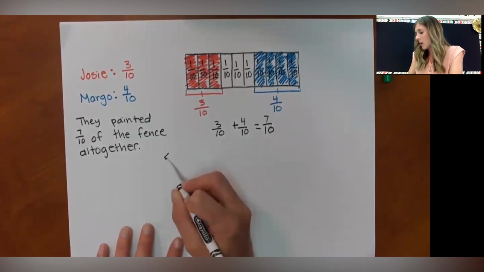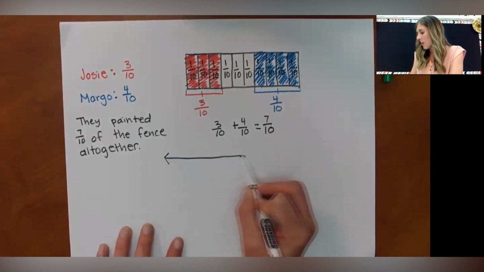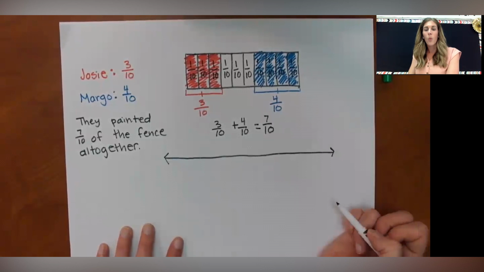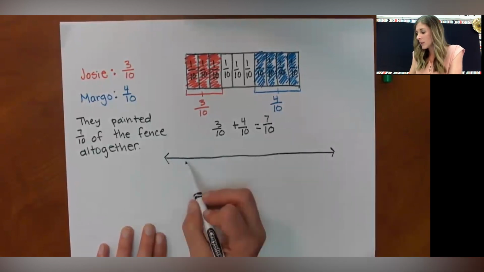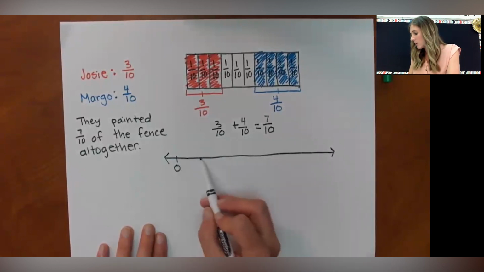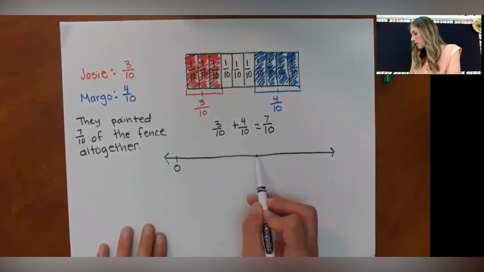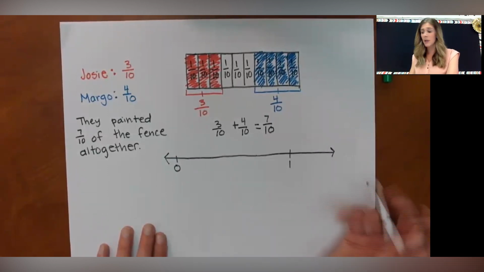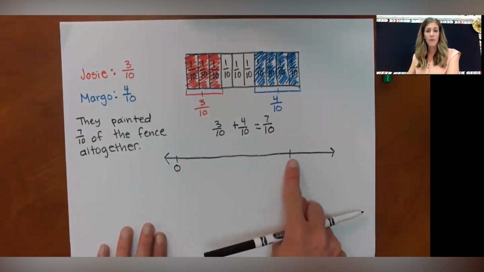So number lines always have arrows because they're a number line, and we know numbers go on and on forever. We always have to have a starting point and an end point of one whole in this case, because we're only dealing with one fence.